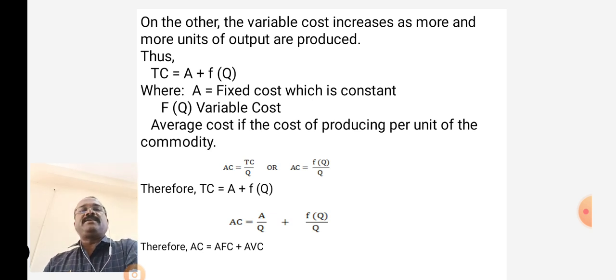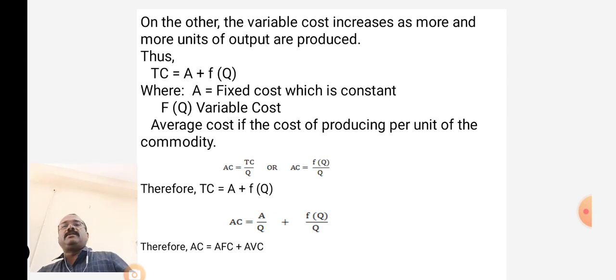Dear students, see the equation that I have incorporated to show how cost is derived in the company. Average cost is the cost of producing per unit of the commodity, that is AC equals TC divided by Q, or AC equals f of Q divided by Q.